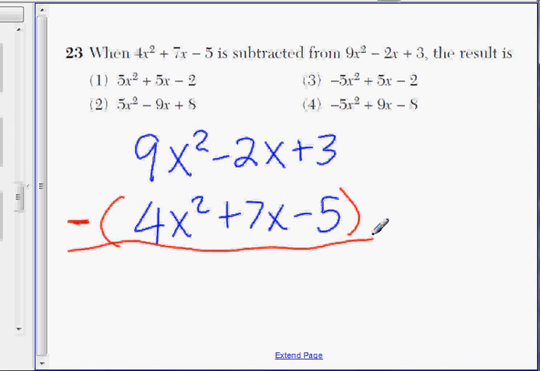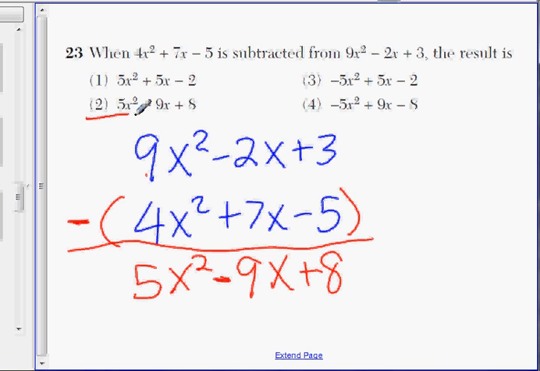Let's see what we get. 9x squared minus 4x squared, and 9 minus 4 is 5, so 5x squared. -2x minus a positive 7x, or -2 minus 7, is -9x. And 3 minus a -5, the two minuses become a positive, so it's 3 plus 5, which is positive 8. And that would be choice 2.